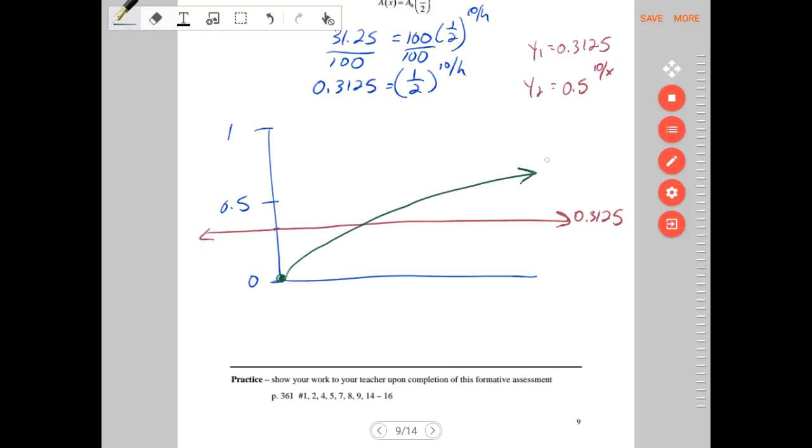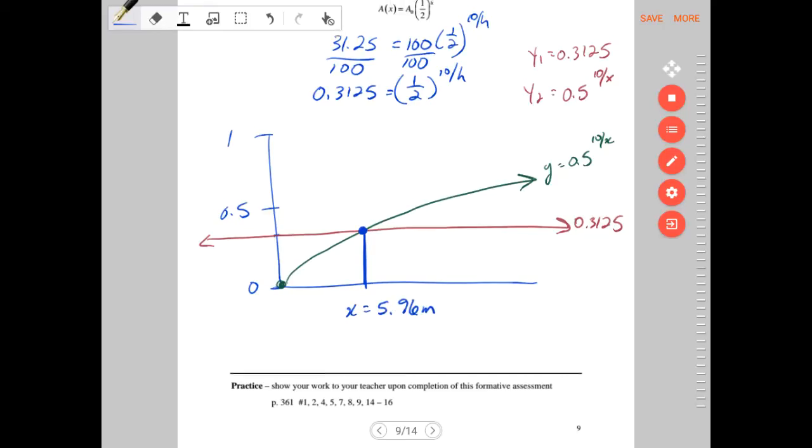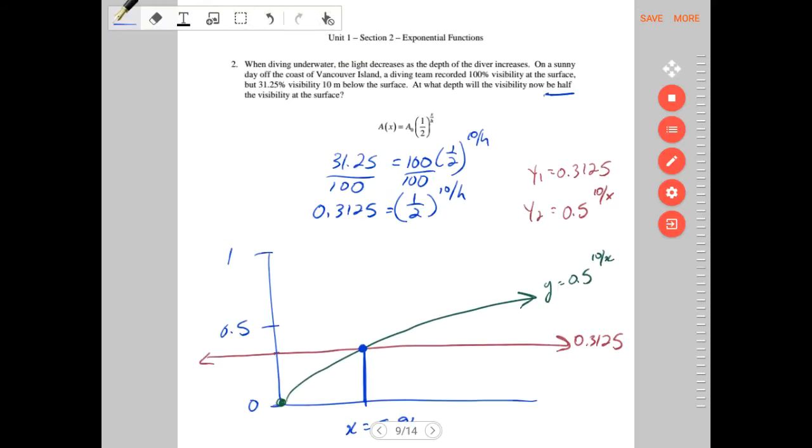So this is y equals 0.5 to the 10 divided by x. And we're looking for the intersection point, which is right here, and I need to know the x value, and x equals 5.96 meters for the light to be half the intensity, or half the visibility, sorry, as it was at the surface.